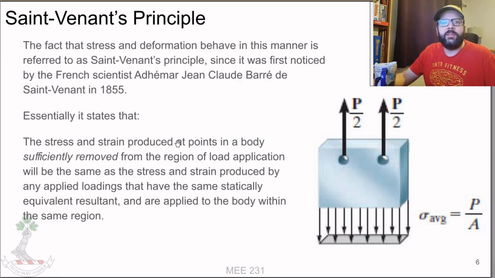The gist of it is what we talked about: the stress and strain produced at a point in a body, as long as you're sufficiently removed from the region where the load is applied, will have the same result as if the load were applied to the body within the same region. So essentially, that's just saying everything averages out in the middle.